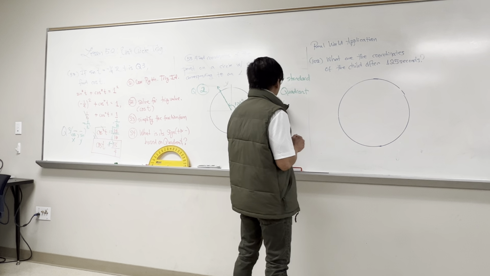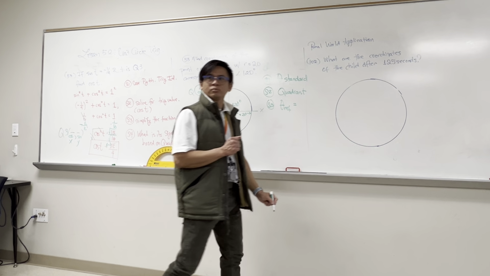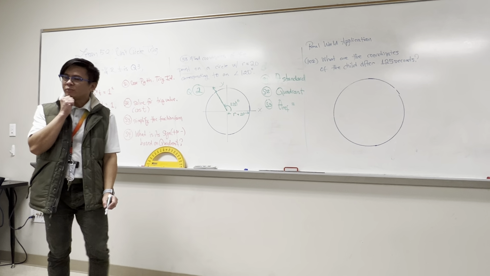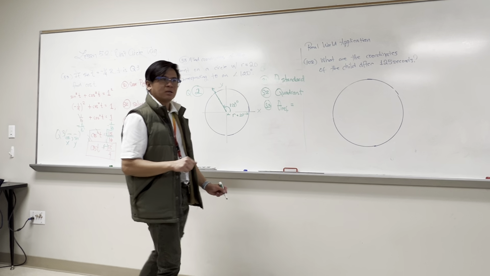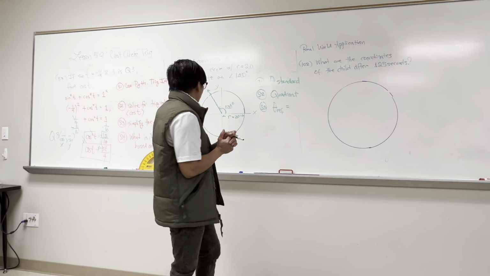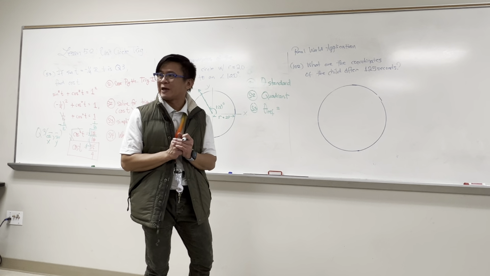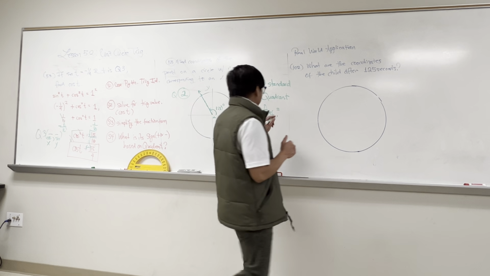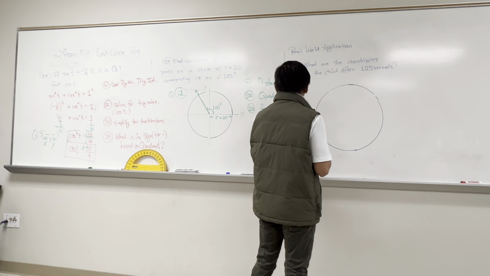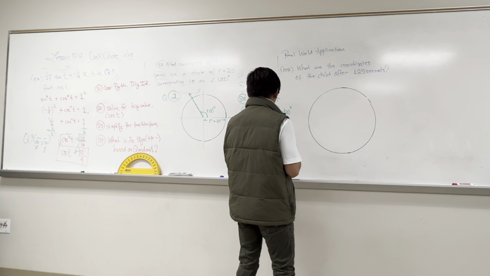Well, what's the reference angle formula in quadrant 2, guys? Should we subtract it from 2 pi or 180 degrees? From 180 degrees, right there. So that's 180 degrees minus 120. What did we get? 60 degrees.